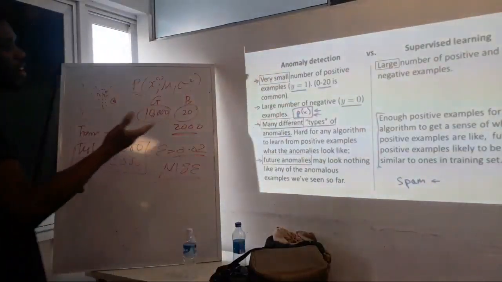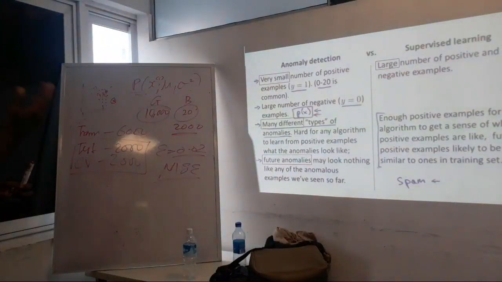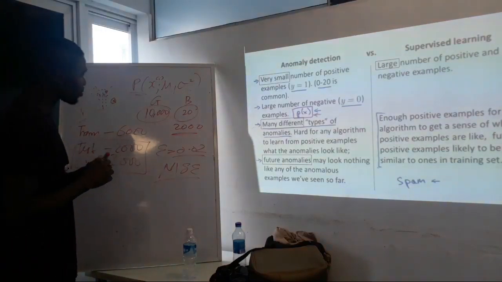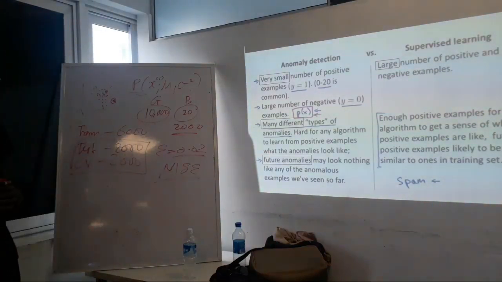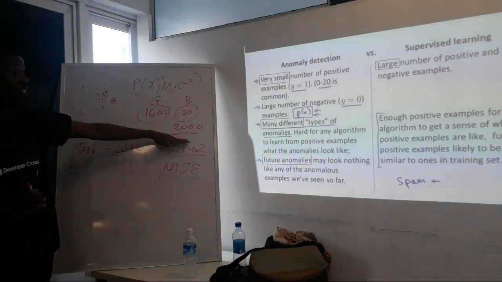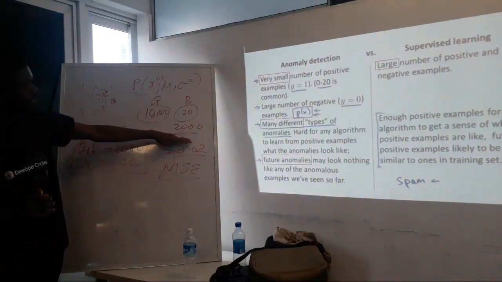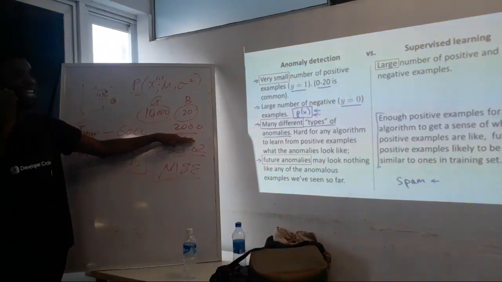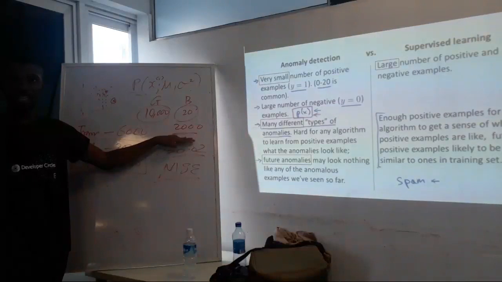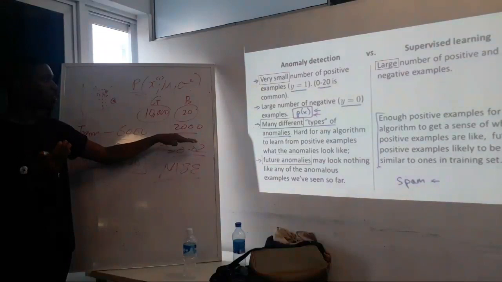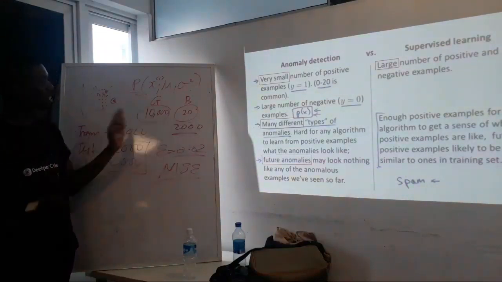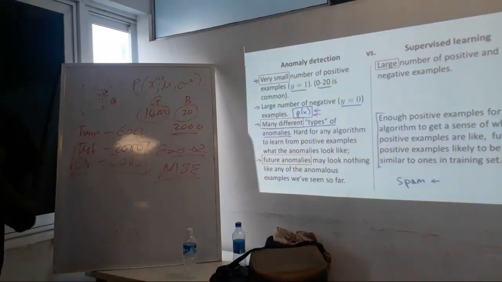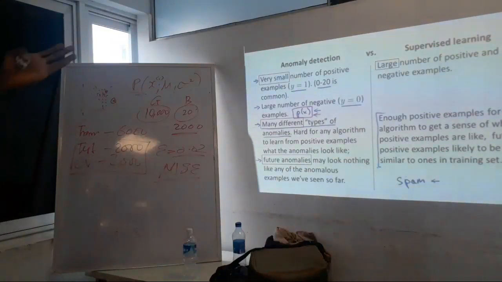When you have enough positive examples for the algorithm to get a sense of what positive examples are like, you can build a model, and the model will have a sense of what positive examples look like. They push a weight on the model. It knows what is right, what is good. But when you have 20, when you compare the ratio, it's insignificant. So in that situation, you should apply anomaly detection.